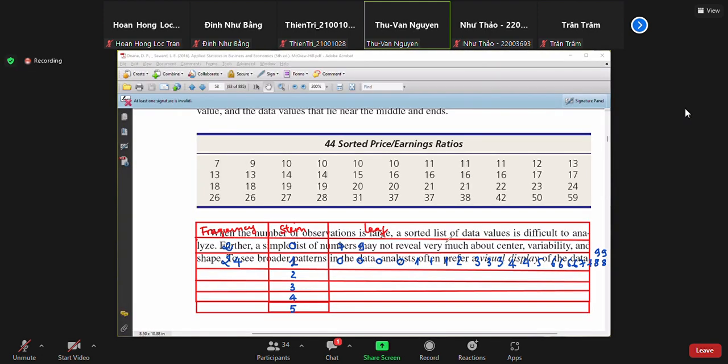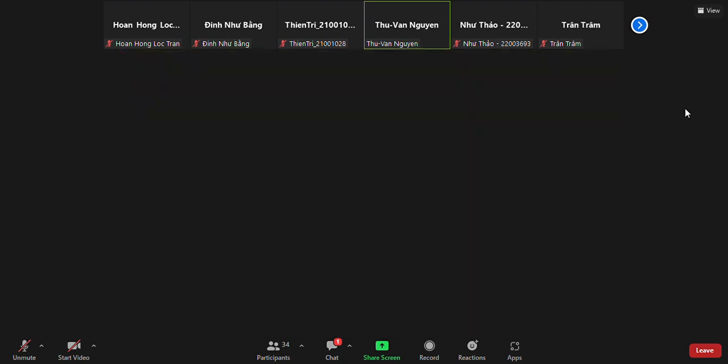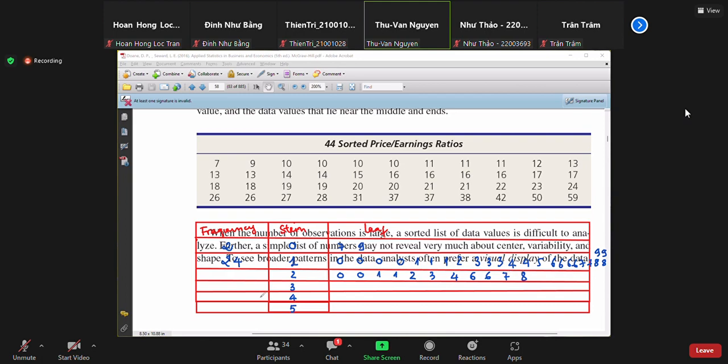The frequency means the number of leaves in this stem. In the 0 stem, first stem, second stem, and so on. Stem 2, how many? 0, 0, 1, 1, 2, 3, 4, 6, 6, 7, 8. How many? 1, 2, 3, 4, 5, 6, 7, 8, 9, 10, 11. Okay, 11.